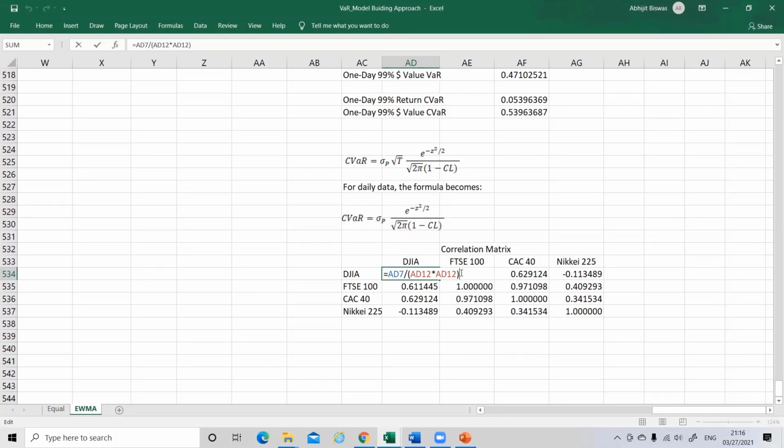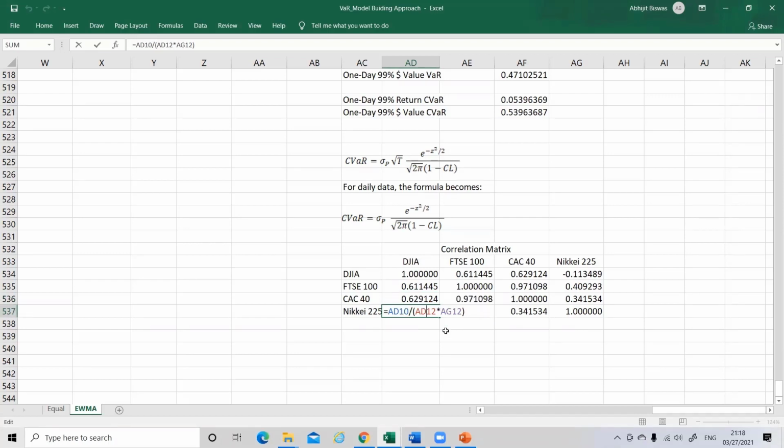Let us do this part a little fast. Okay, done. Correlation between Dow Jones and FTSE: AD8 by AD12 into AE12. This is the correlation between Dow Jones and CSE: AD9 by AD12 into AF12.